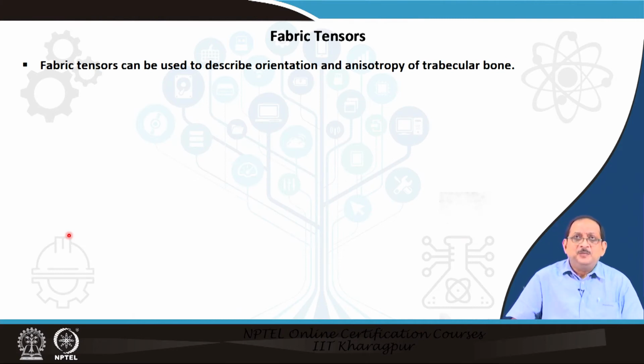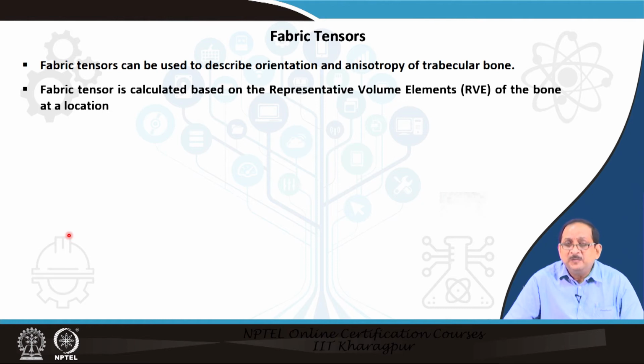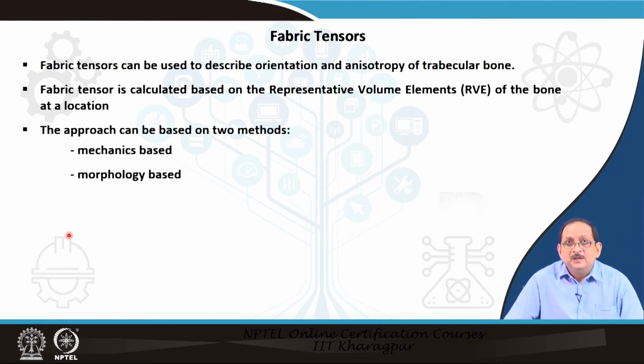Let us come to another method, the fabric tensor method. The fabric tensor can be used to describe the orientation and anisotropy of trabecular bone. Fabric tensor is calculated based on the representative volume elements of the bone at a particular location. The approaches can be either mechanics based or morphology based.